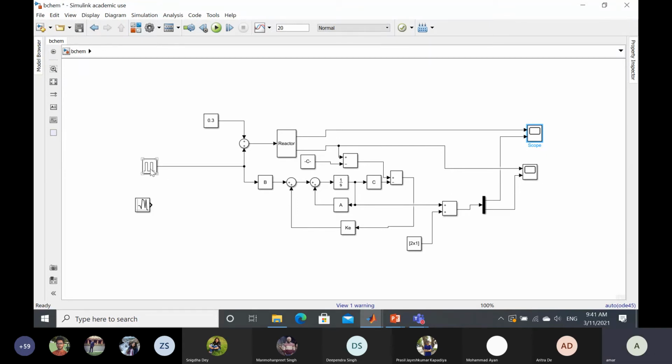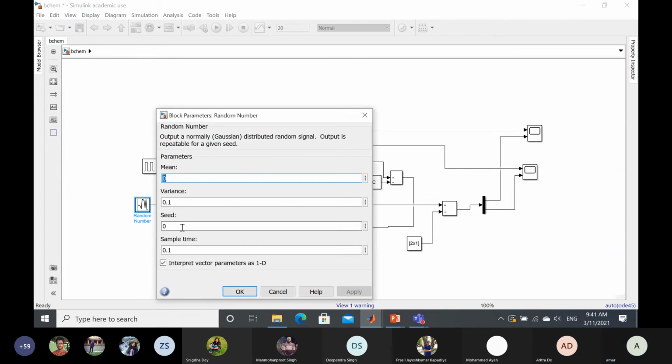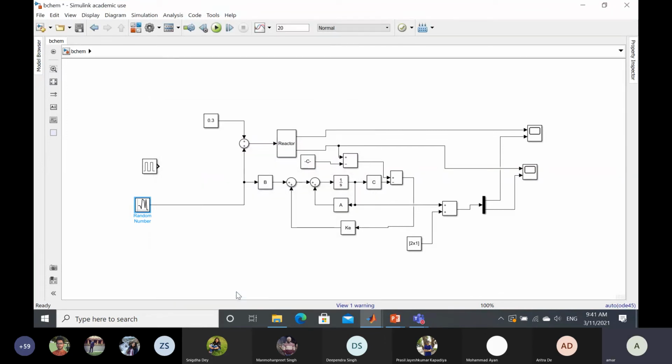Now in place of this, let us use a random signal. This random signal I have taken has mean 0 and variance 0.1.